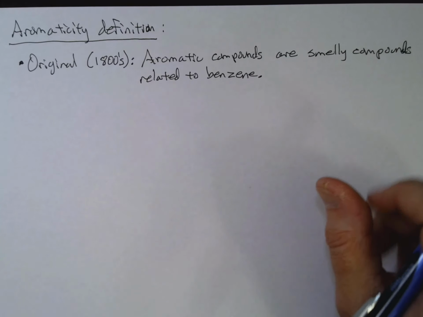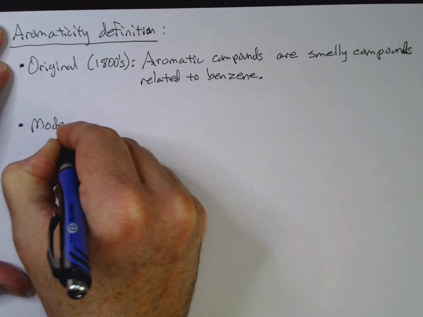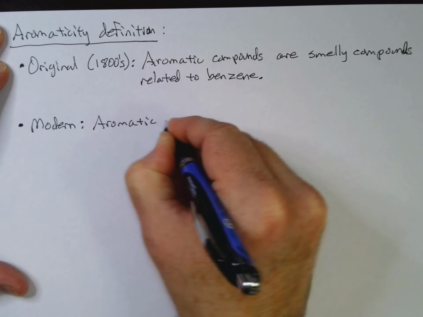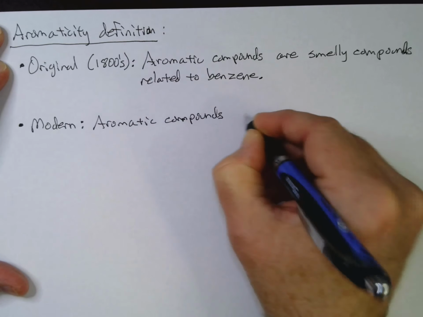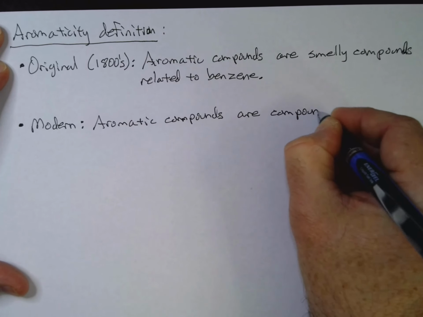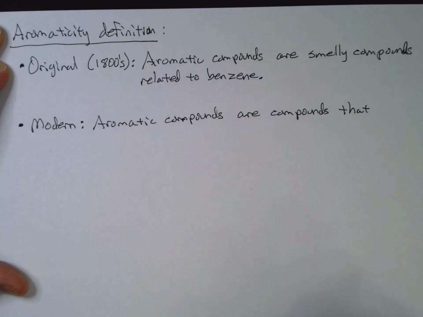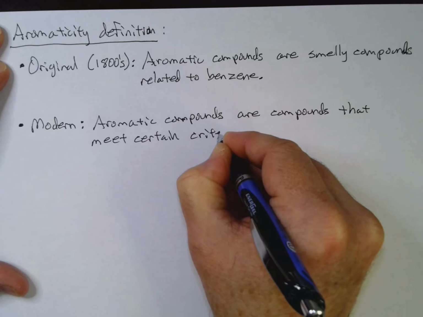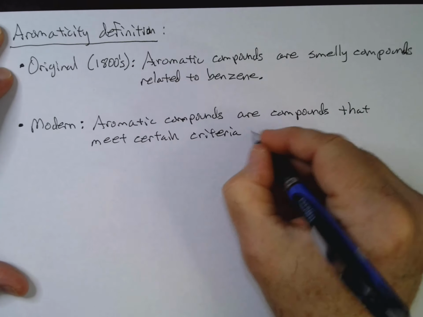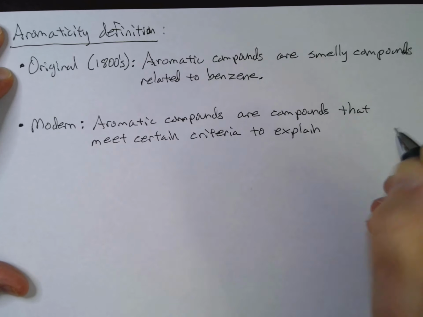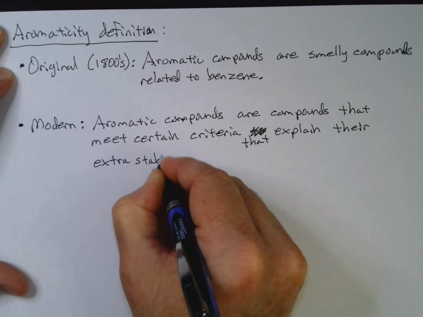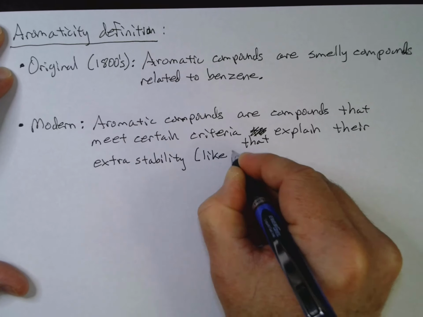Hence the term aromatic. Our modern definition is that aromatic compounds are compounds that meet certain criteria that explain their extra stability, like benzene.